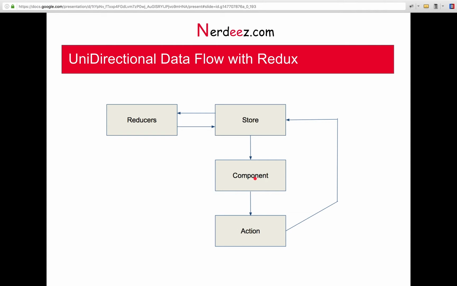You can compare that to two-way binding. Unidirectional data flow means we have a single flow. You have a component using an action to change the state, and this is returned to the whole app. This is the direction. While in other frameworks, they use two-way binding, where you have a UI that is changing scope variables in the controller.